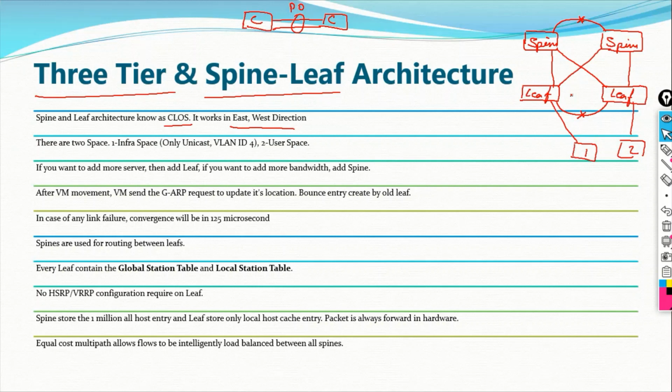So this communication is done via east to west direction, right? That's the reason it says it's east-west kind of communication, and all the traffic is 2 hops away, just because VXLAN is running in the middle on top of your underlay network.